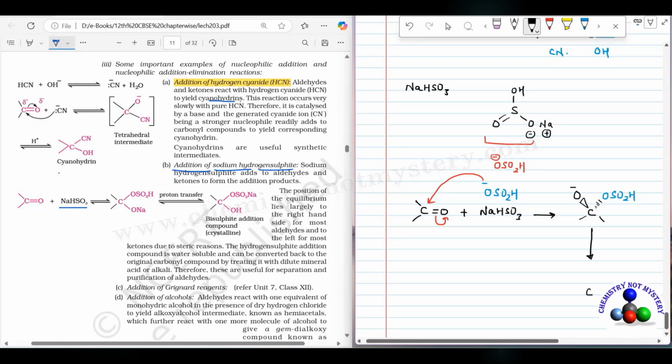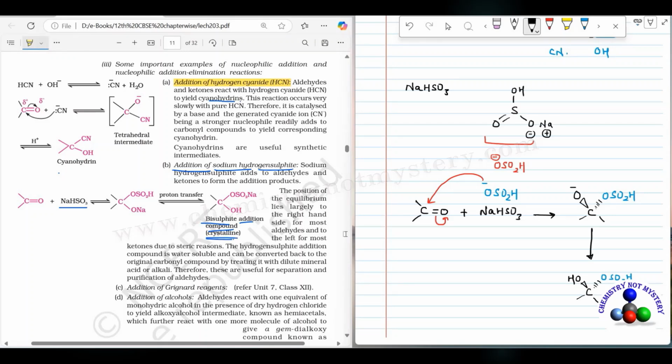After abstraction of proton from the reaction medium, you will get OSO2H and this oxygen will become OH, hydroxyl. So this is the product of this reaction. This is the bisulfite addition compound and this is crystalline in nature.